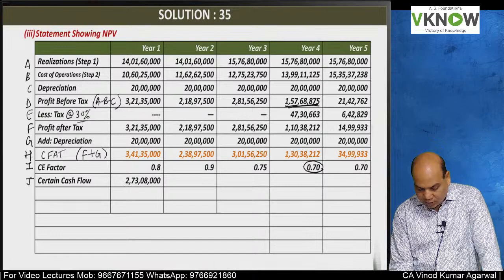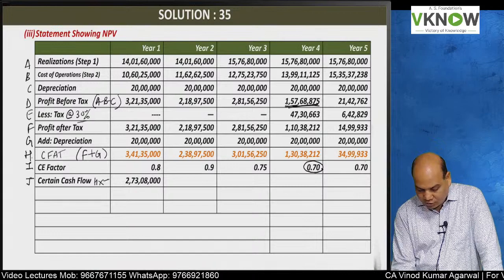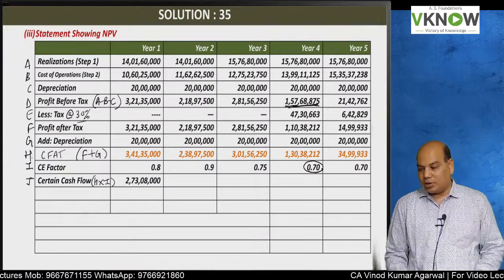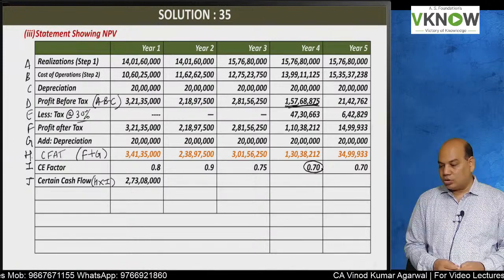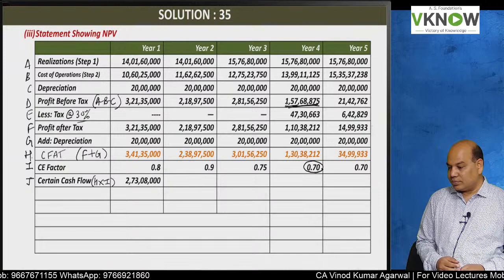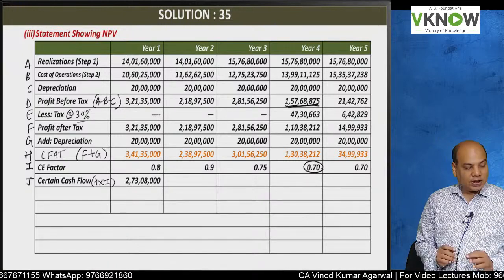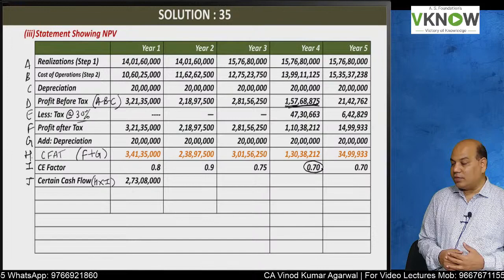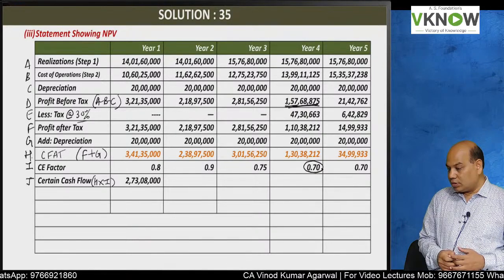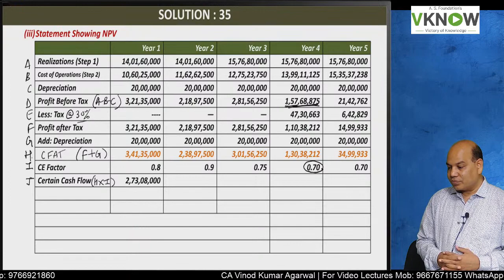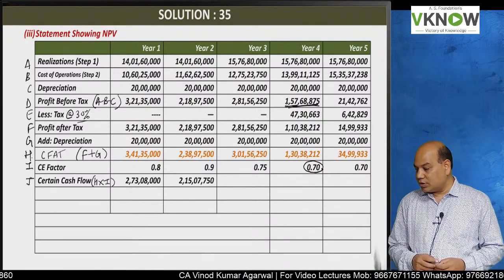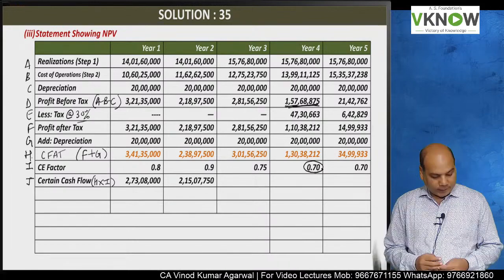Please multiply H into I. Multiply the two. 2 crore 73 lakh 8,000. Please check the answer. Don't copy. Second answer, anybody? 2 crore 15 lakh 7,750.